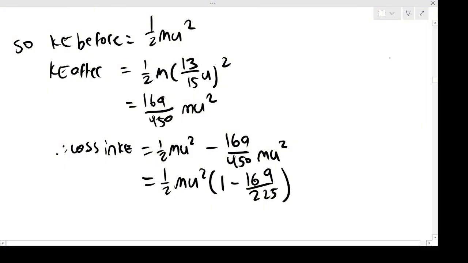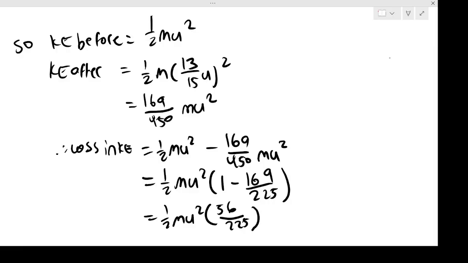That makes sense because if we were to multiply a half by this fraction, I should get back 169 over 450. Hopefully happy with that factorization. I can then simplify this even further. So if I do 1 take away 169 over 225, I get 56 over 225, and that's my answer there.